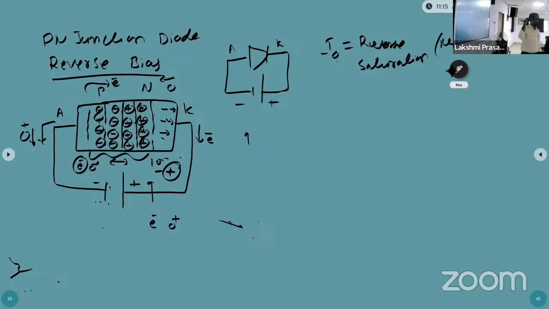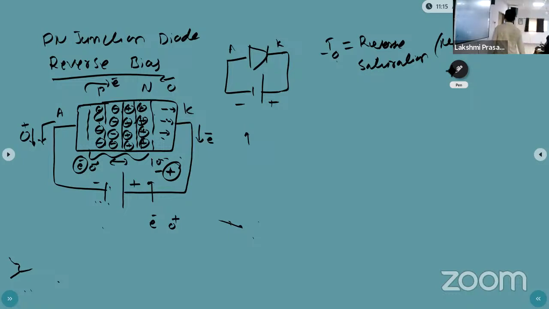The reverse saturation current is denoted as I naught, and it is in terms of microamps. General forward current is in terms of milliamps, but this is very less. That current is called reverse saturation current.